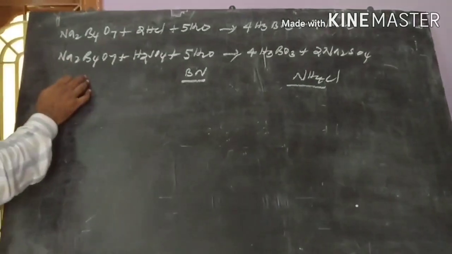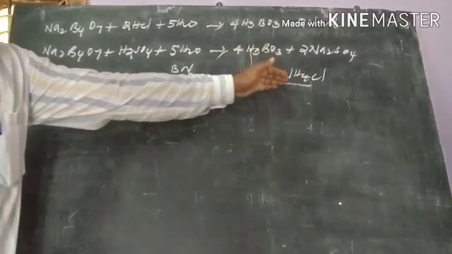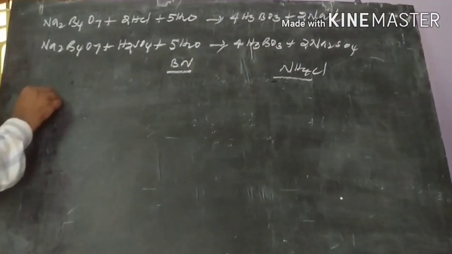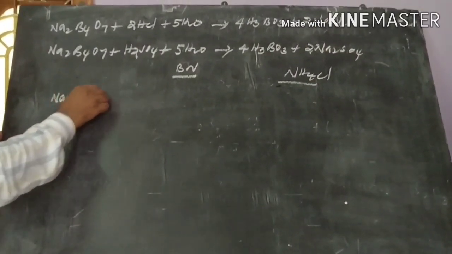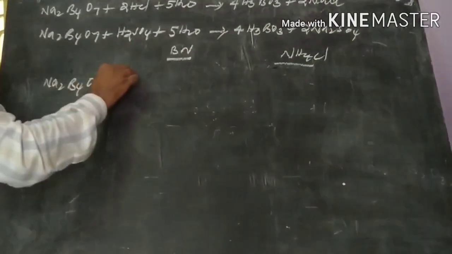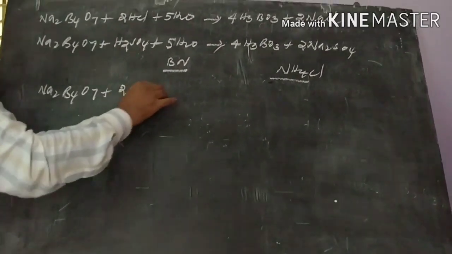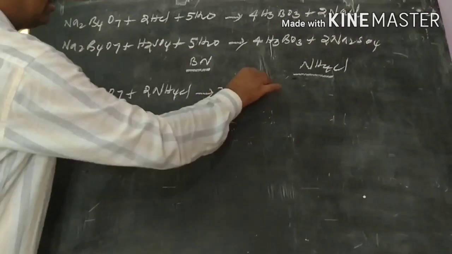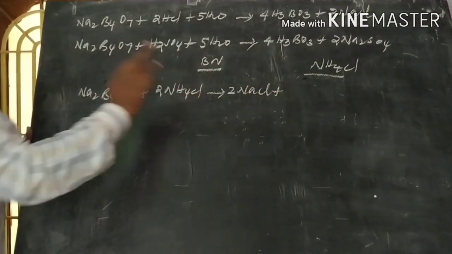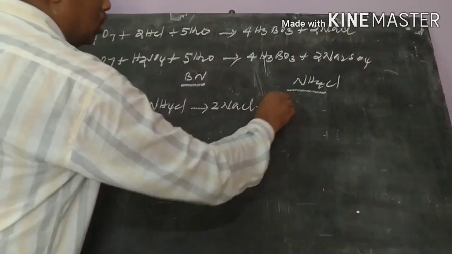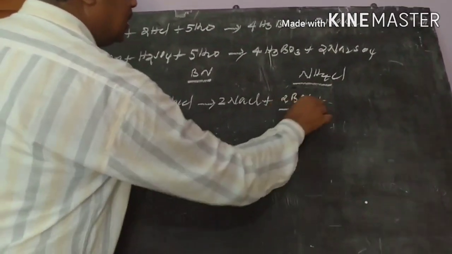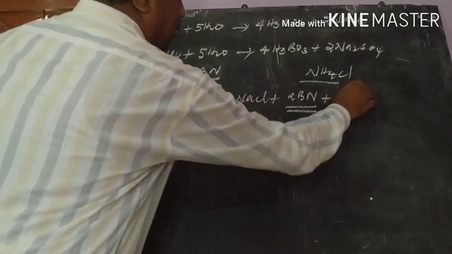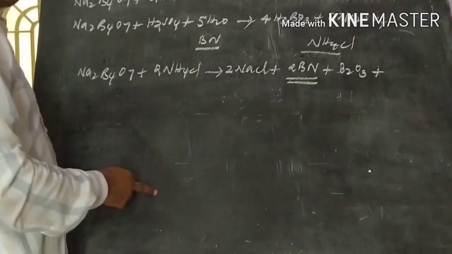Na2B4O7, that is borax, reacts with 2 moles of ammonium chloride, NH4Cl, to give 2NaCl, sodium chloride, plus 2 moles of boron nitride, which is important here, and B2O3, boron trioxide, as a byproduct.